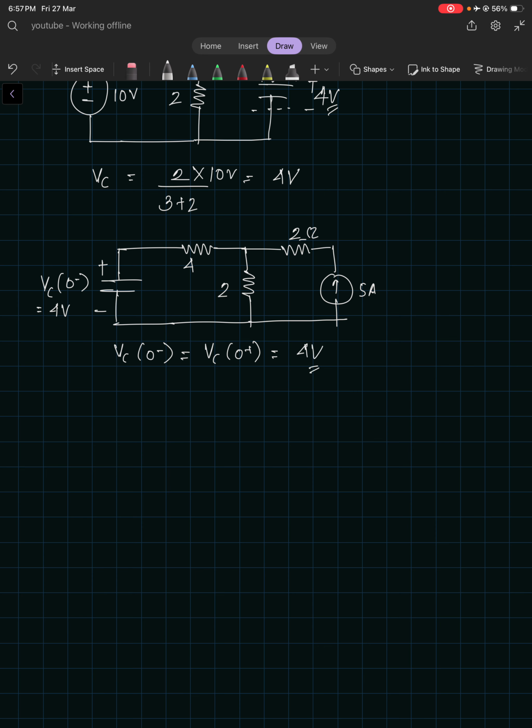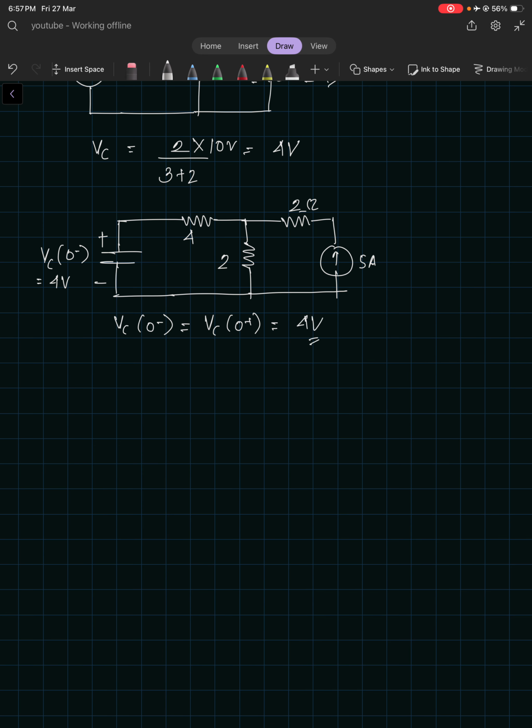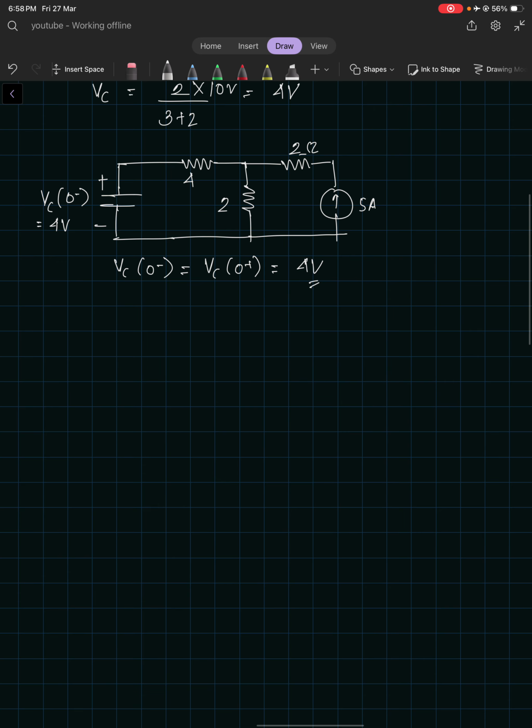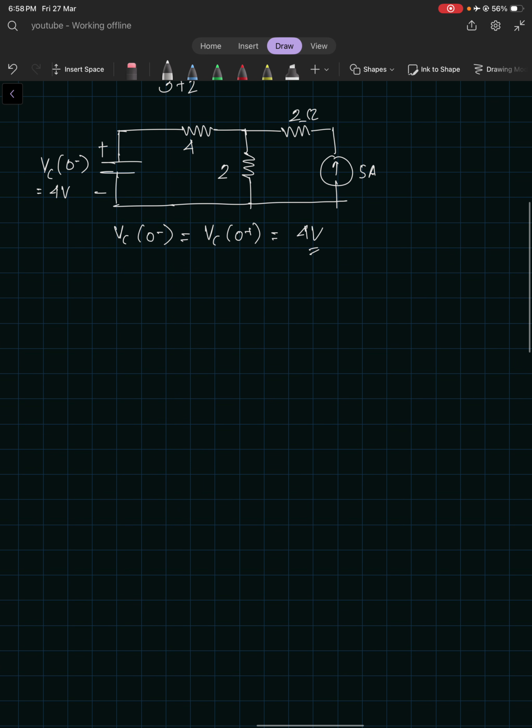Okay, now what will happen in the steady state? The capacitor will be charged to some voltage. Right now we don't know what that voltage is, but once it is charged it will not conduct, so it will act as an open circuit.